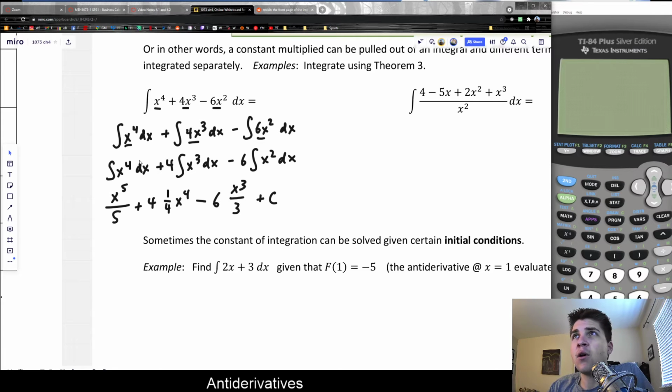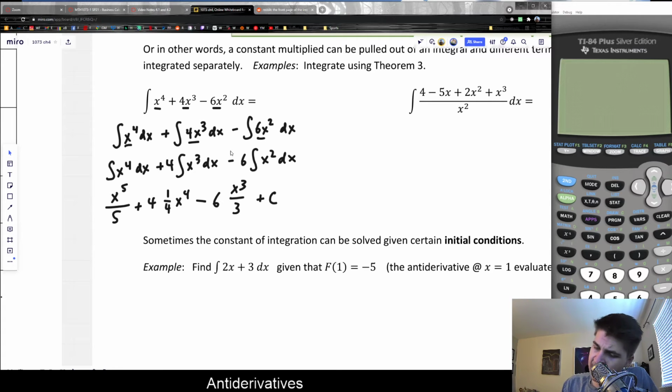So if you are solving an antiderivative with multiple different steps or multiple different integrands, integrand is just the name for the inside of each integral, then you just need a single plus c at the end. What I recommend when doing antiderivatives is to just solve it and then add c at the very end. Don't worry about it till the last step.